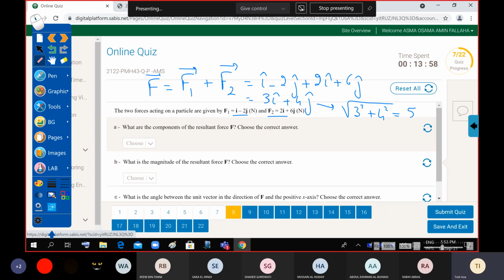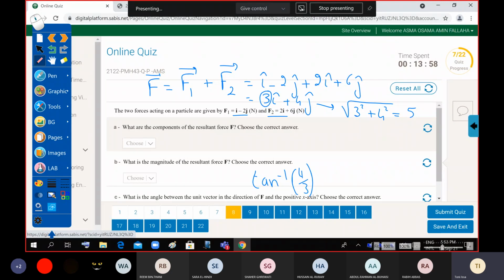What is the angle between the unit vector in the direction of F and the positive x-axis? So it's similar, they are asking you about the angle theta here. So I check: is 3 positive? Yes. Okay, so simply it will be tan minus 1 of 4 over 3 to find the angle.